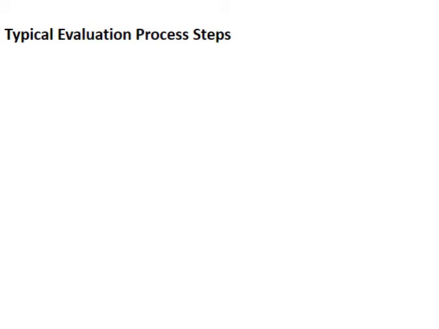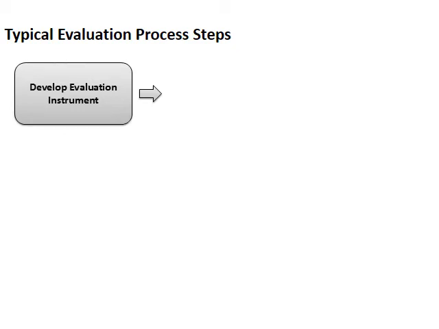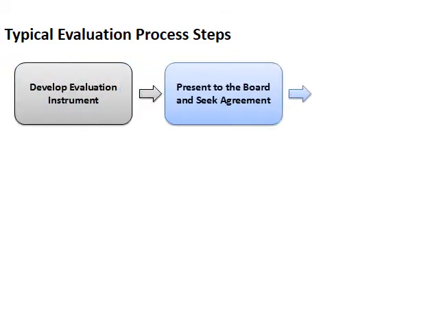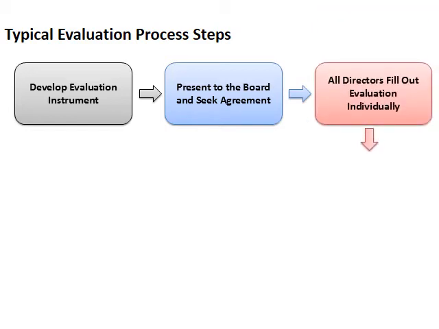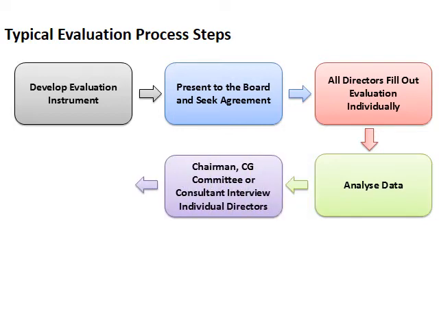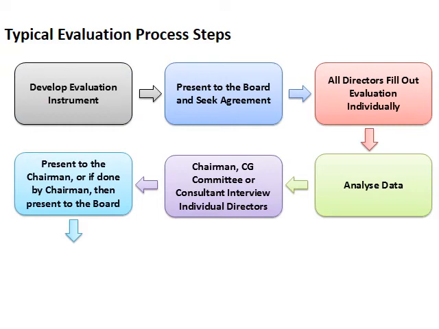The steps for a typical board evaluation process include the development of an evaluation instrument, presentation of the evaluation instrument to the board and seeking agreement, individual completion of the evaluation instrument by all directors, analysis of responses and data, conducting interviews with individual directors by the chairman, CG committee, or external consultant, presentation of findings to the chairman if a consultant or CG committee conducts interviews and analysis.